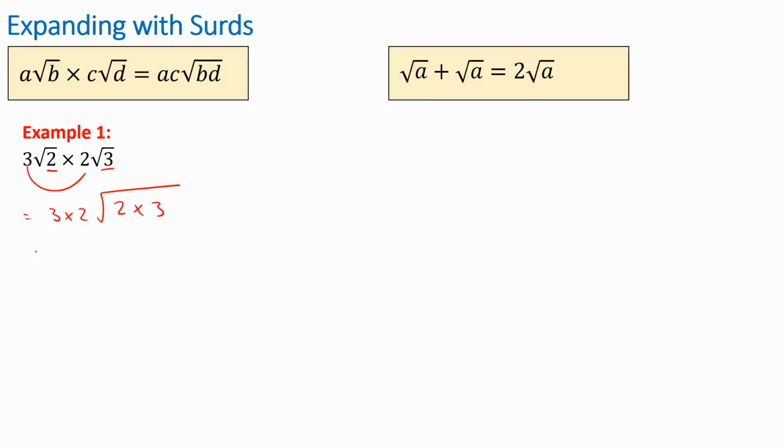That's why this gives me 6 root 6. Anyone confused by that? No? I'll do another one. I'll make up one now. Let's do 3 root 7 times negative 4 root x plus 1.